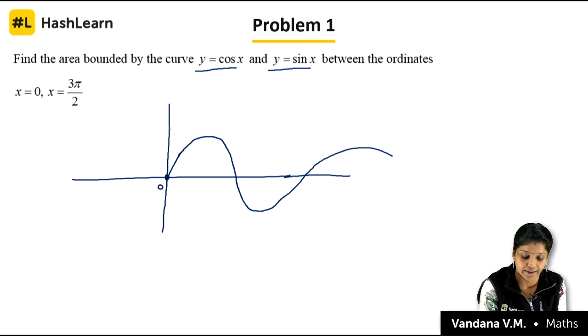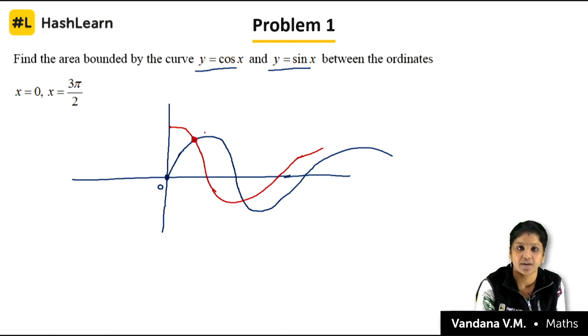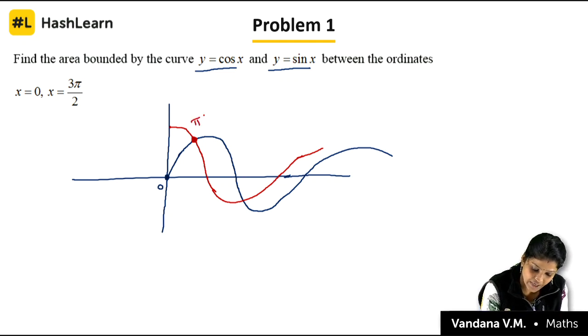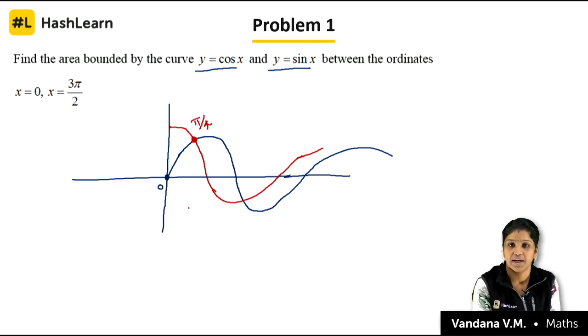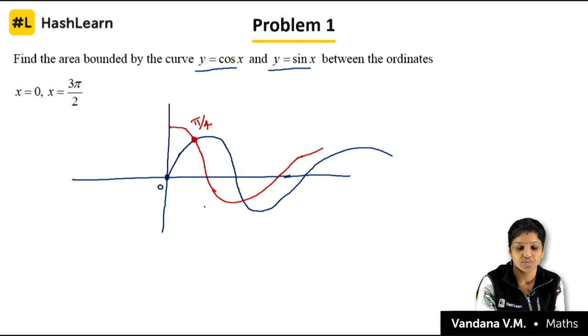Cos 0 is 1 and then it will come like this and it will go. So easily I can make out where in the first quadrant both the graphs will meet, that is pi by 4. Clearly I can make out because sin 45 is 1 by root 2, cos 45 is 1 by root 2.